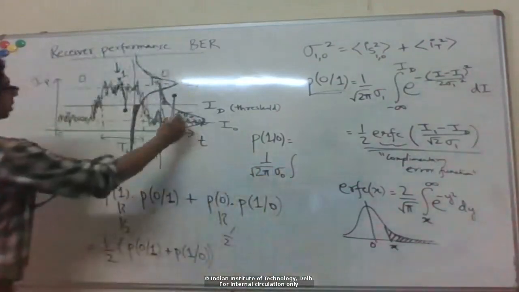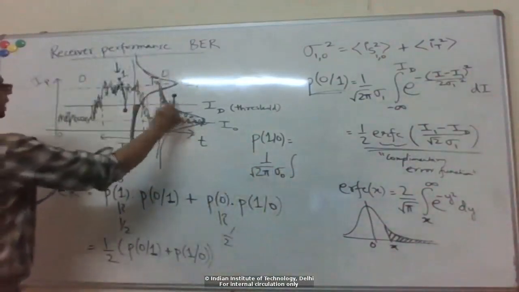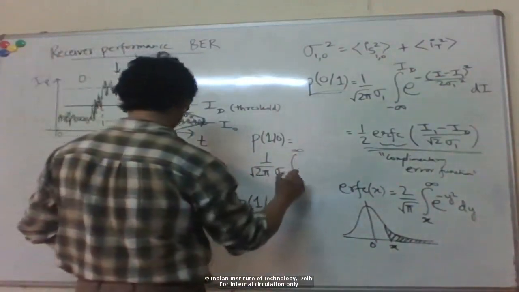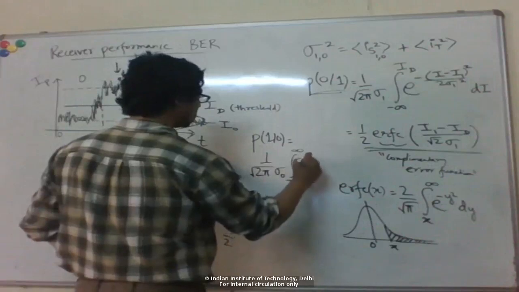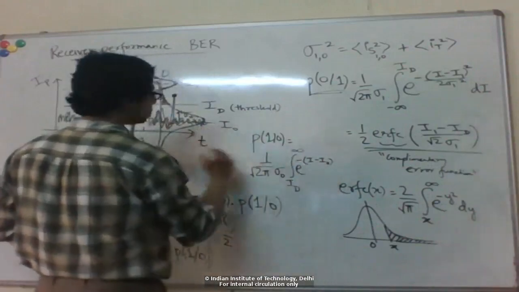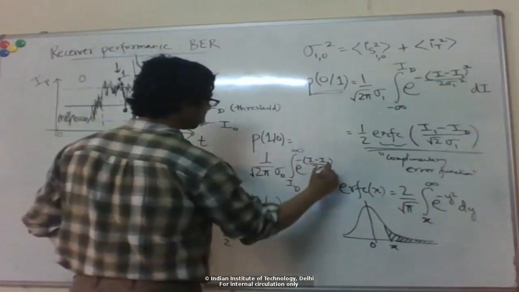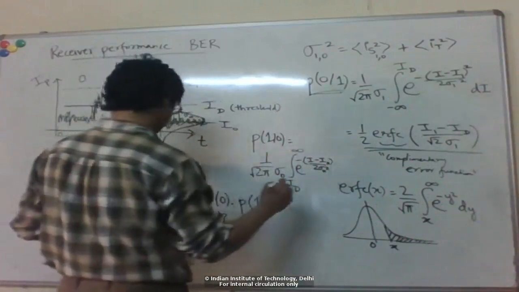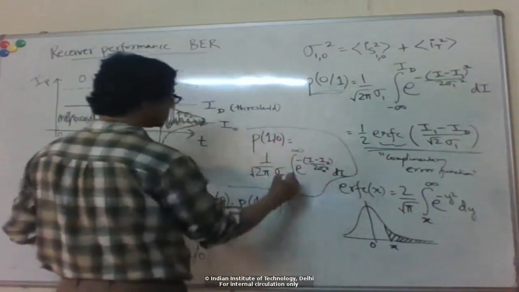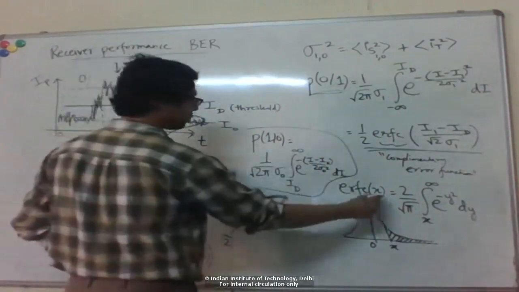Now I'm computing this area, so I go from ID to infinity, and I have a Gaussian with mean I0 and variance sigma naught square. You can see this is now directly in the complementary error function form.